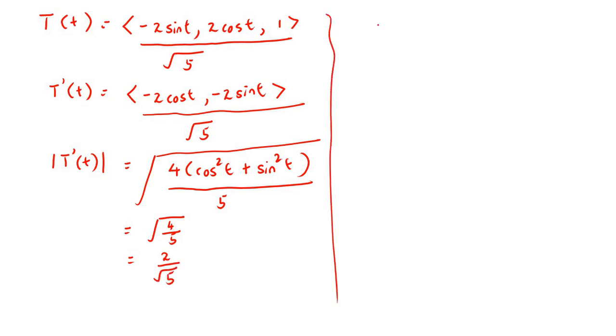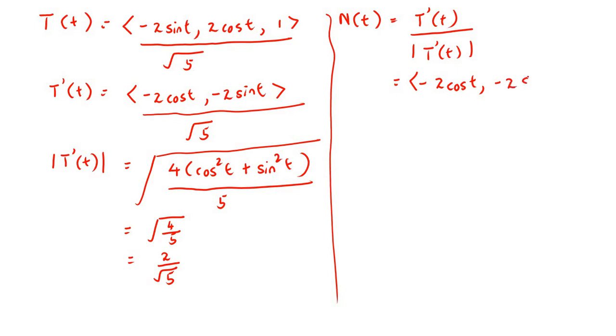Hence the N(t), the principal unit normal vector, will be T'(t) divided by the magnitude of T'(t). Differentiating, here it is: negative 2 cos t i minus 2 sin t j, divided by the square root of 5. This is T'(t). And then divided by the magnitude, which is 2 over the square root of 5.